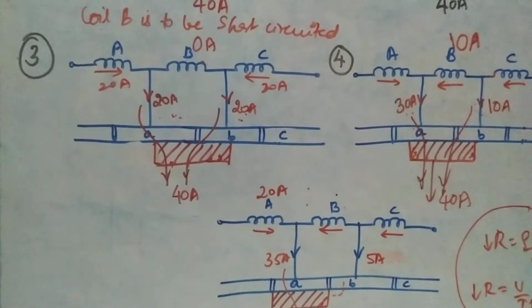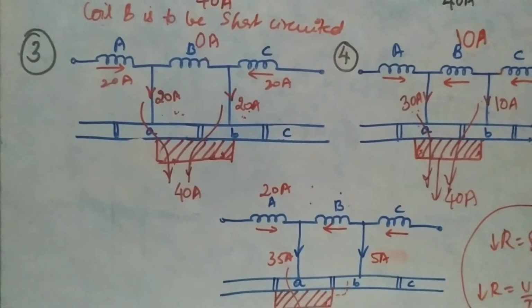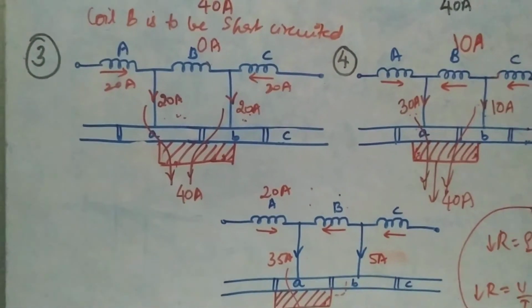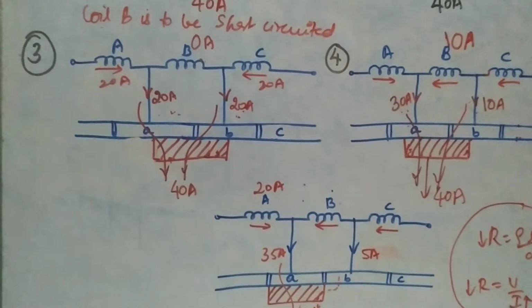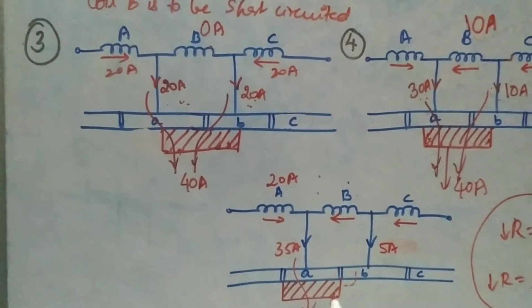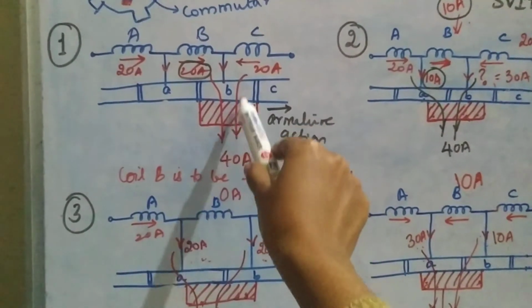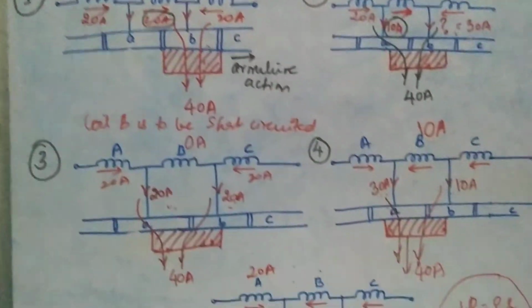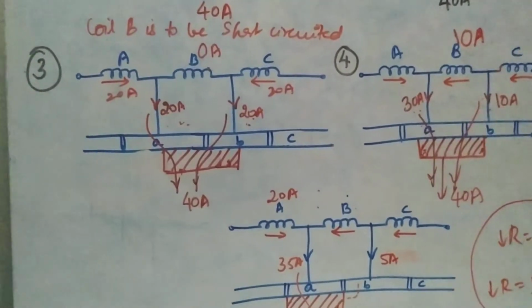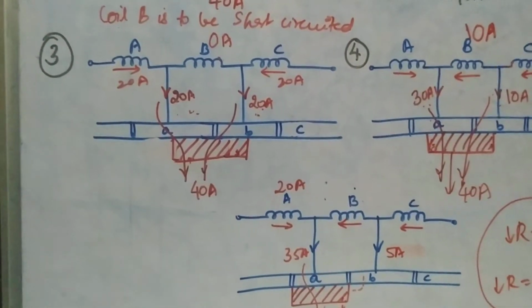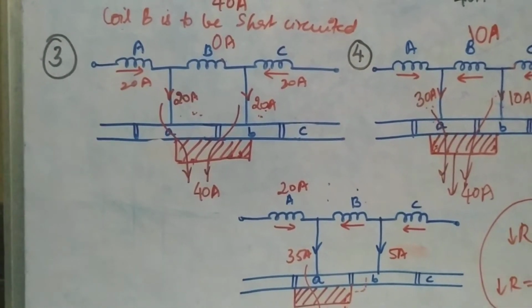So you have to see how much of the contact area is being covered by the segment with the brush. At the final stage, you will find that in the first stage the brush was under the contact of segment B. It is getting shifted to segment A. But still the total current will be 40 amperes only to the brush.